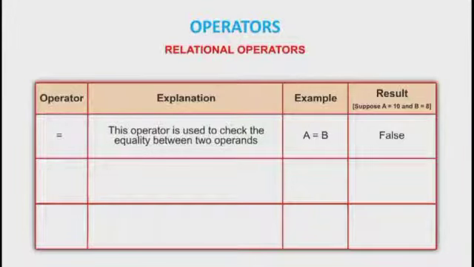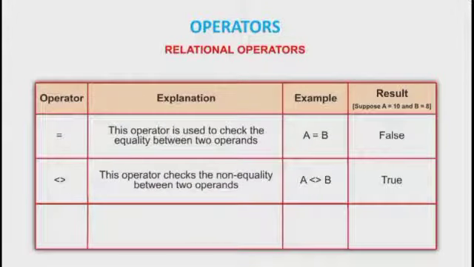A is equal to B. A value is 10 and B value is 8, so the result is false. Less than greater than: this operator checks the non-equality between the two operands. A less than greater than B is true, because A value is 10 and B value is 8.